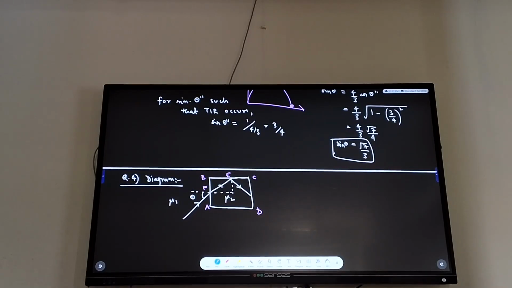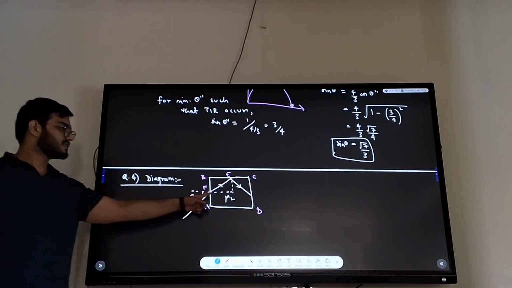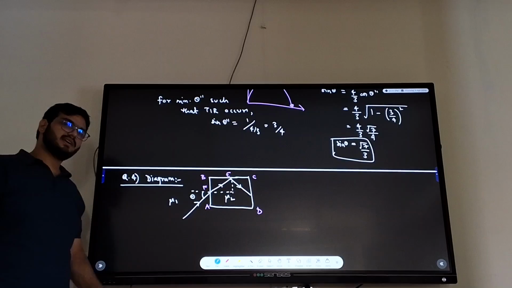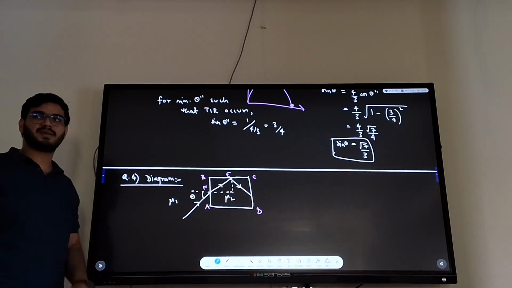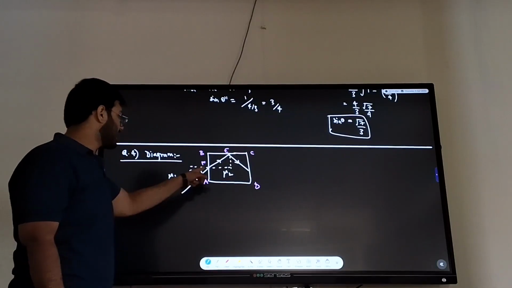So I am going to do the same procedure that I have been doing in the previous questions. What will I do here? TIR का condition. It's all the same. So apply Snell's law here. What will I get here?